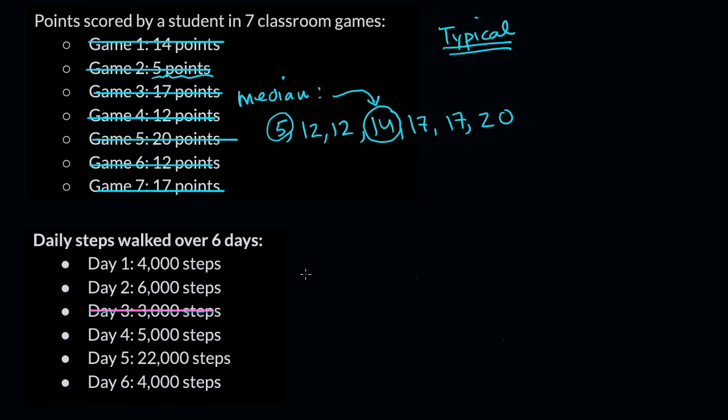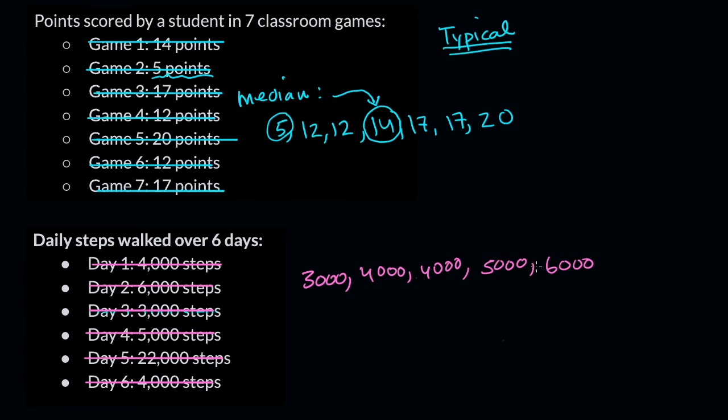Let me cross that out. So we have 3,000, then we have 4,000 twice, then we have 5,000 twice, then we have 6,000. And then last but not least, we have 22,000.